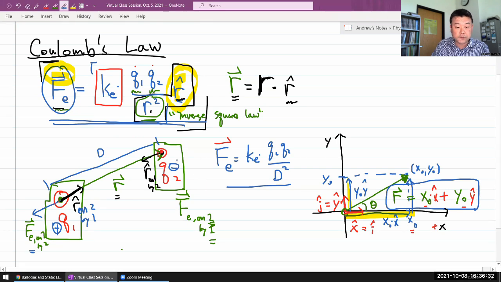So the electric force vector now has to point this way. And this is exactly the attractive force that you might expect from opposites attract. But you don't actually have to memorize that as a separate statement. This one mathematical expression contains all of that.